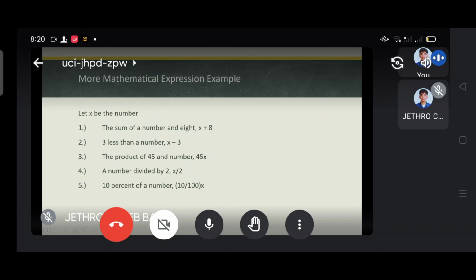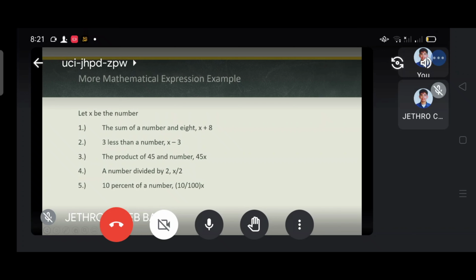Paano ba natin kinukuha ang percent ng number? Pag sinabing get the 50% of 100, pwede natin i-multiply yung 100 sa 0.5 or pwede natin i-multiply yung 100 sa 50 over 100. 50 over 100 is the same as 0.5. So, kahit alin doon, makukuha natin yung percent ng number.